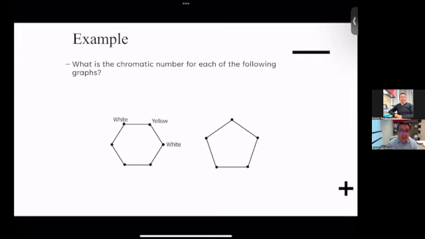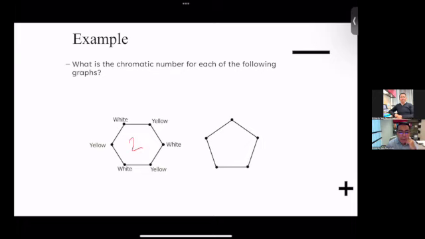So perfectly, I can do something like this, and I am respecting the constraint that I had, and I can keep doing this all the way until I finish with all the nodes. So for this graph that we are showing, the chromatic number is going to be 2. I can paint this graph with only 2 colors. I cannot use less, and I don't need to use more.